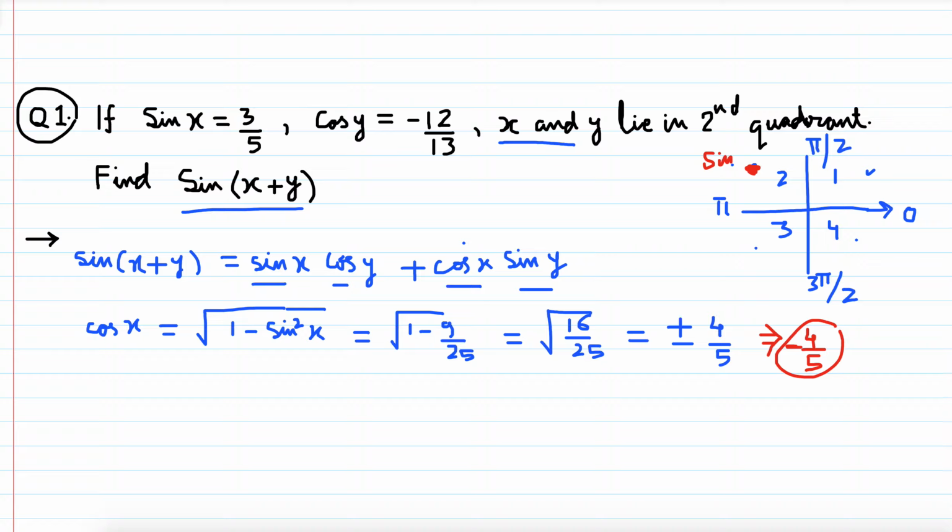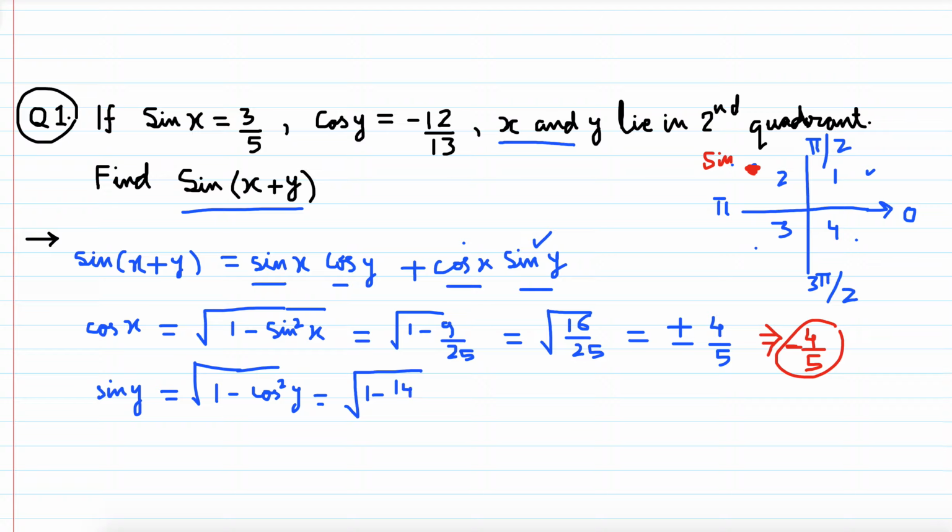Now we need sin y. So similarly sin y will be 1 minus cos square y under root, which gives 12 by 13. Square of negative is positive.